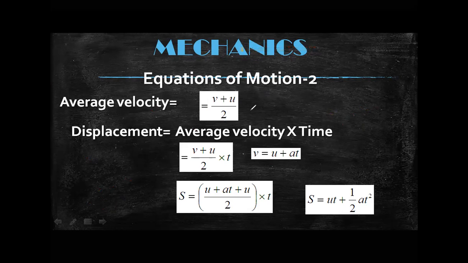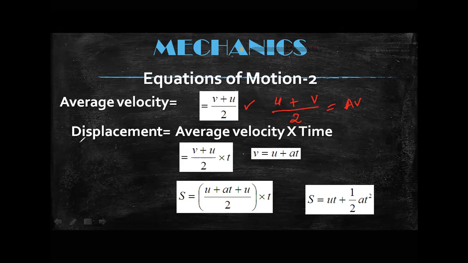Average velocity is the average of the initial and final velocity, so (v plus u) by 2. This is the simple equation for average velocity. If someone asks you the average velocity, you just add the initial and final velocity and divide by 2. This is called average velocity.